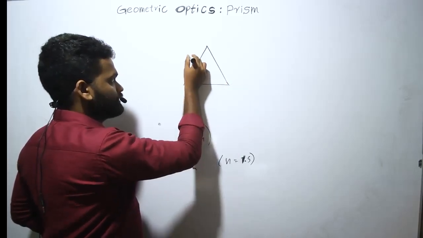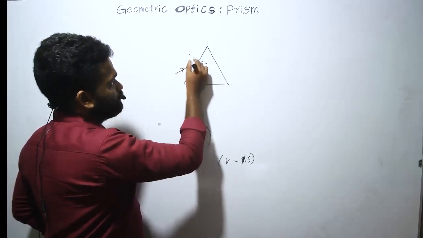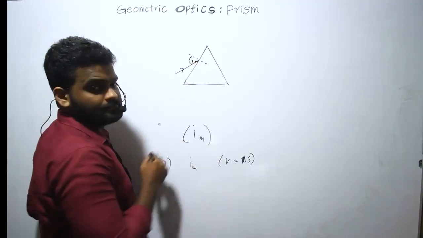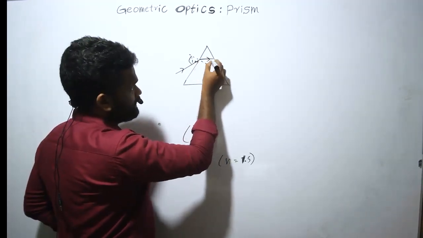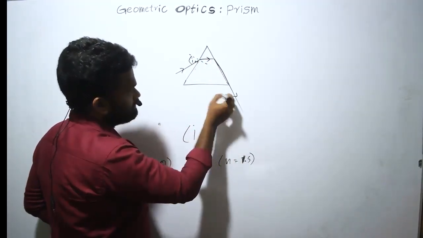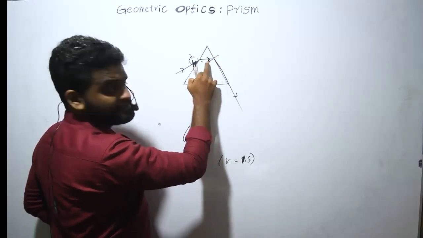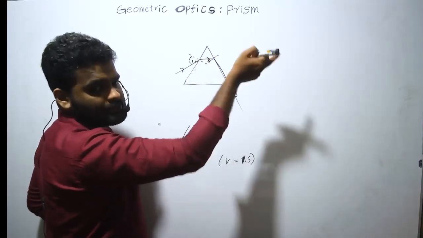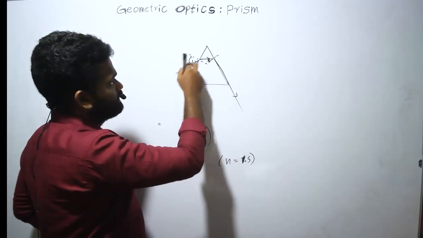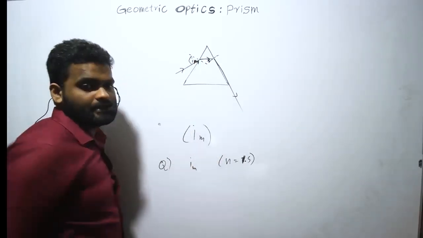It is like this, right? When the incident angle is Im, at the other side the ray goes like this. This angle is capital C, the critical angle. R2 is equal to the critical angle. So like this, you can find Im.